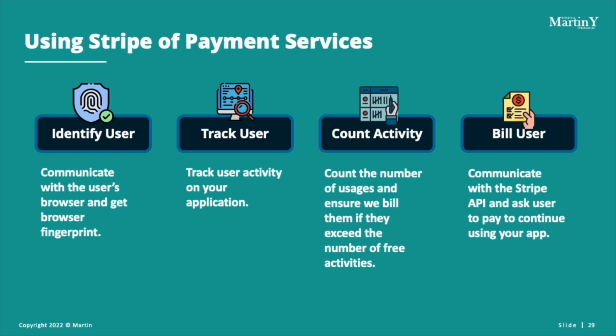You can see here that we also need to count their activity. And then the final step is obviously going to be to bill the user using our Stripe API key.